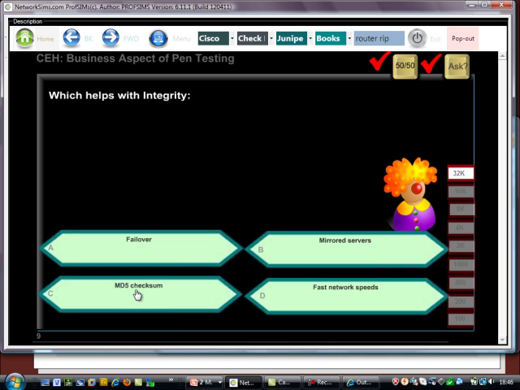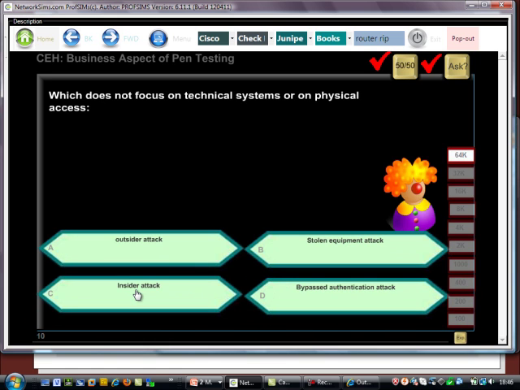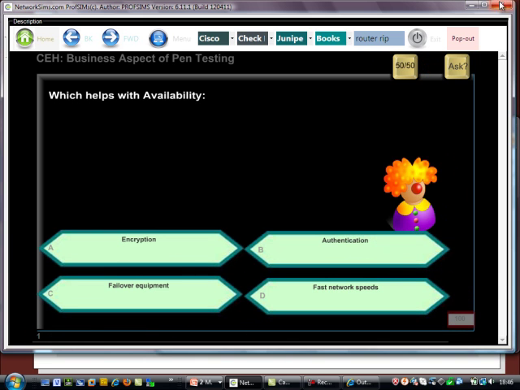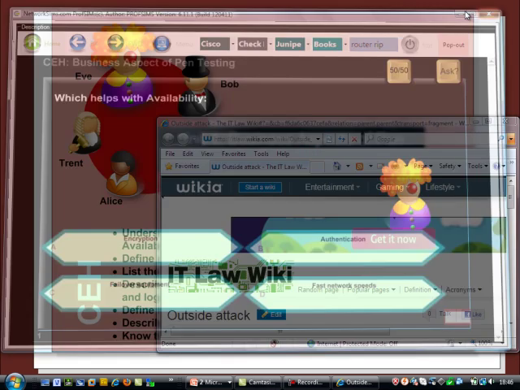An MD5 signature checksum helps to make sure that the data hasn't been changed, which does not focus on technical systems or physical access. So let's go for A, and we're wrong. Okay, so that gives you an idea of the tests.